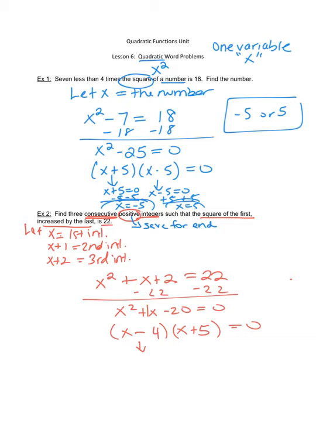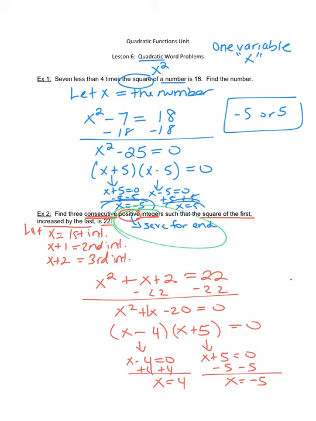I now have two equations, x minus 4 equals 0, or x plus 5 equals 0. Here I add 4 to both sides, x equals 4. Here I subtract 5 on both sides, x equals negative 5. Now normally you would have these two values as your answers, but we saved it for the end. We said that the integers must be positive.